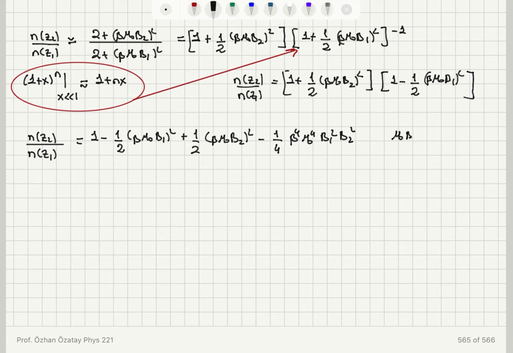Since I'm assuming that mu 0 b over kT is much less than 1, this term can be neglected, so it's too small. So I would be left with the following approximate result: n of z2 over n of z1 is approximately 1 plus 1 half beta mu 0 squared, which is mu 0 divided by kT squared, and then I would have b2 squared minus b1 squared.